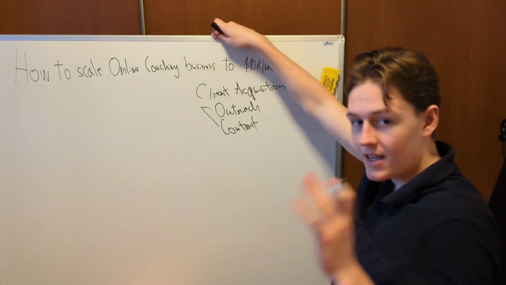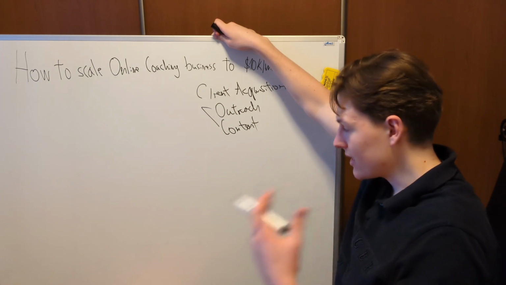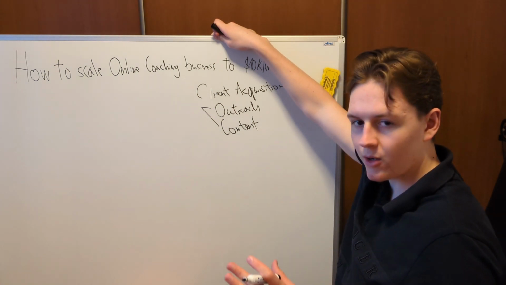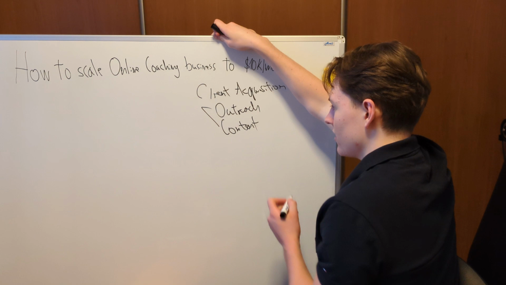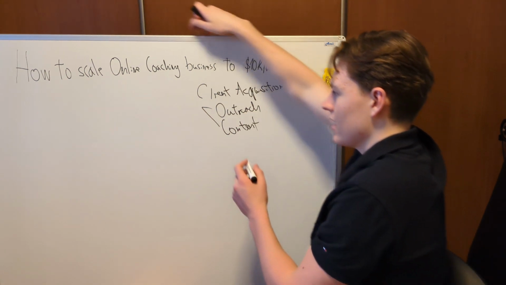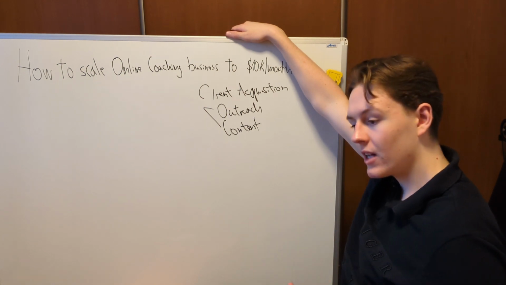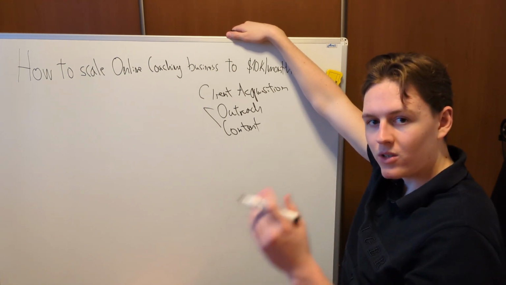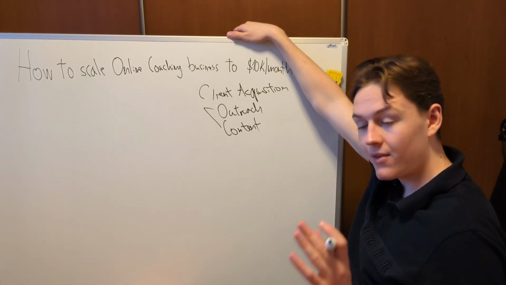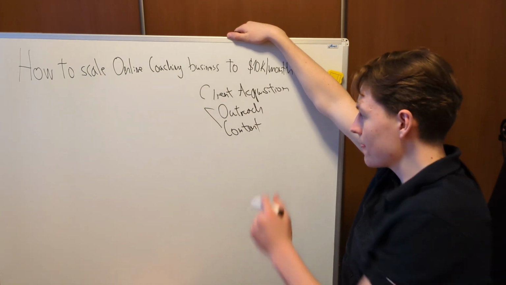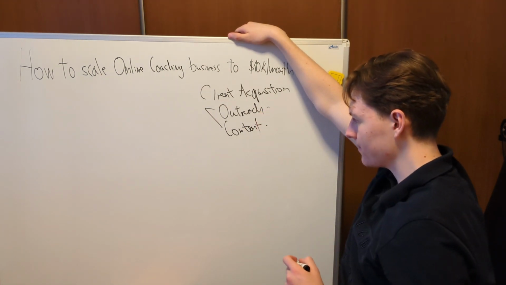In the beginning, yes, there are ads that you can run, yes, there are affiliates that you can use, but in the beginning, I'd just focus on these two, okay? Outreach and content. If you are doing anything else than this in the beginning, when you don't have stable clientele, when you still don't have any referrals coming to you, you should just focus on these two things, alright?